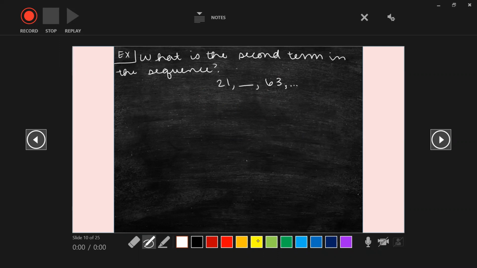Well, last time we found this by going, okay, the difference between these guys was whatever our D was, right? And the difference of these guys was whatever our D was. So if we think about it, we think this 21, if we add D to it and we add D to it again, that's going to be 63, right?